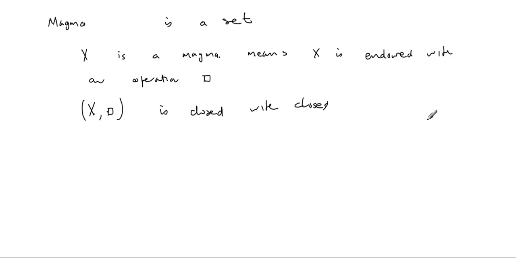It doesn't matter what operation we choose; it's just about what you choose. Okay, so can you think of something, or even look at the sets you know, and try to create a magma of your own?